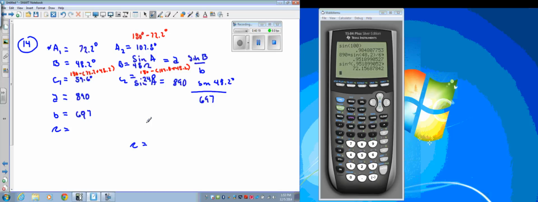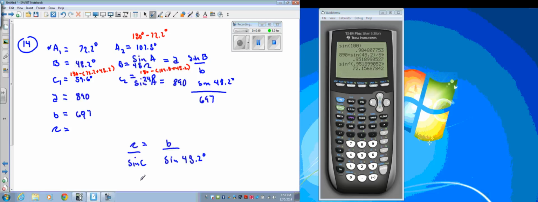You use C over sine of C equals, and the thing that's given to you is B. You could use other ratios, but to avoid rounding error, this ratio is the one that's given in the problem to start with.